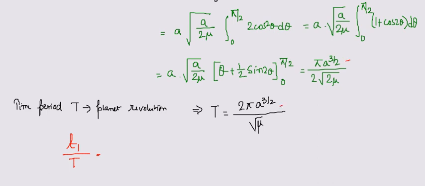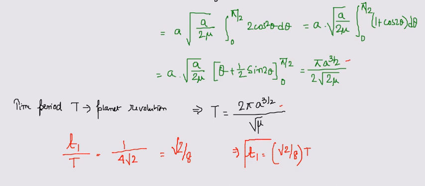Okay, so we have t1 by capital T, so it will be 1 by 4 root 2, right? Or we can write this as root 2 by 8. So from here we can write t1 is equal to root 2 by 8 capital T. Okay, so this is the answer.